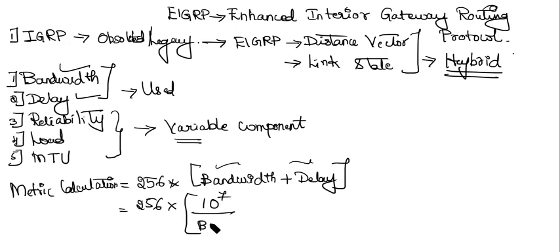Let's say BI. This is nothing but the least bandwidth of all the outgoing interfaces on the route to the destination network, represented in kilobits per second.